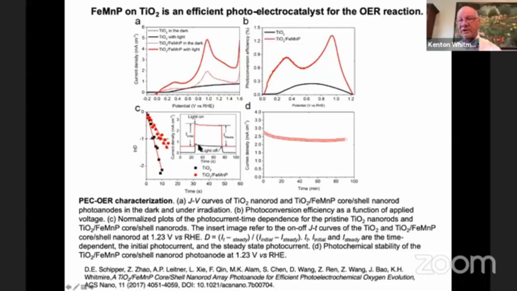So you deposit your FEMNP film on the titanium dioxide, you use it as an electrode, you irradiate this film with a lamp from the bottom of this cell, irradiating the titanium dioxide side, and then you get a tremendous enhancement in the catalytic activity while this is being irradiated. So you get a photoelectrochemical enhancement of the OER reaction by depositing this FEMNP film on titanium dioxide.